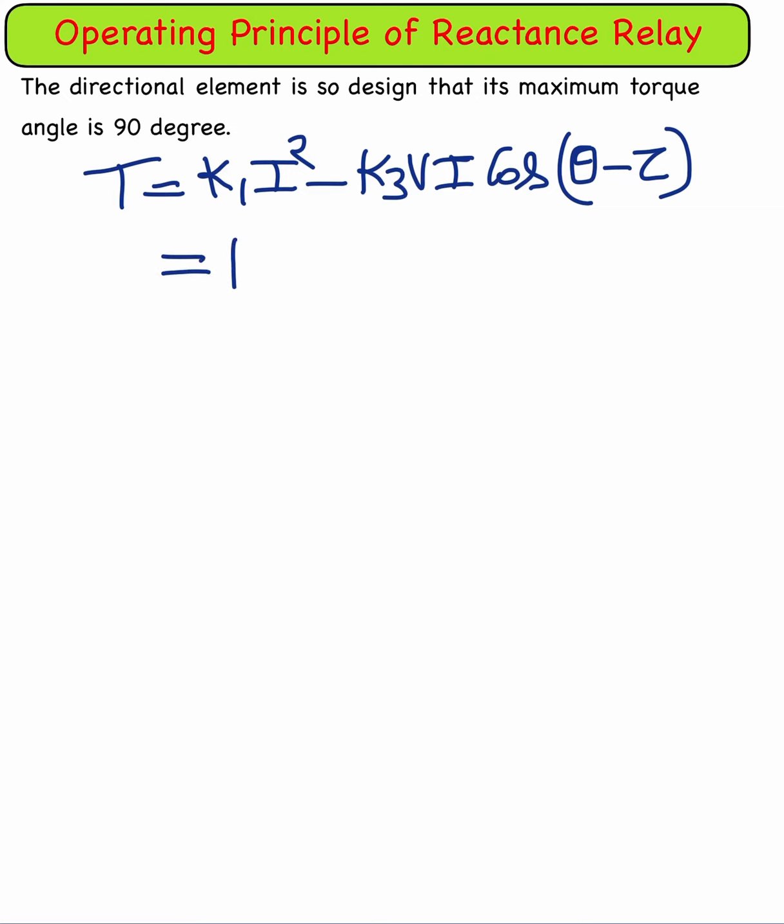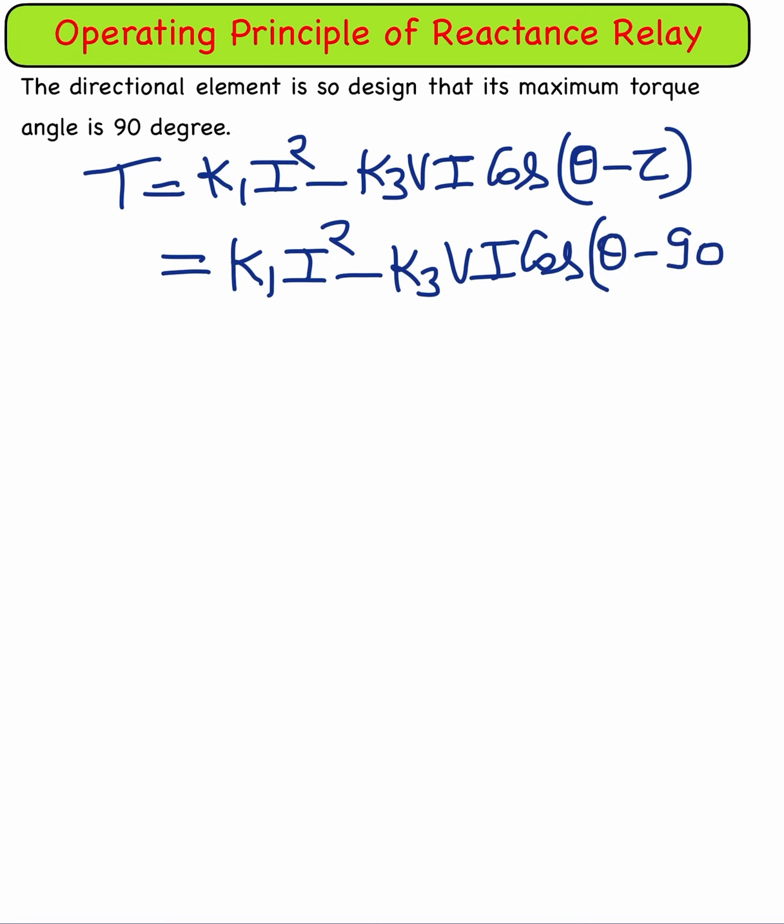So T is equal to K1 I square minus K3 VI cos(theta minus 90).